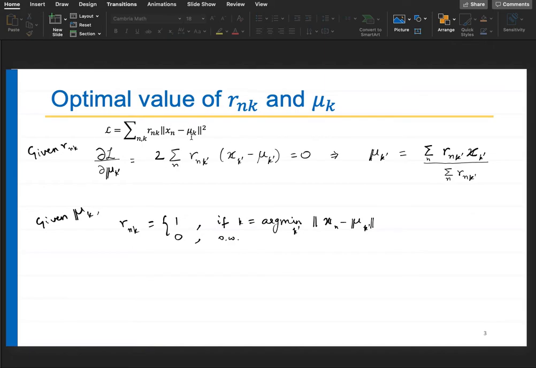If it is closer to mu2, then this will be smaller for mu2, so I will say Rn2 is 1. Basically, this n belongs to the second cluster, not the first one. In this way, I will find all my R and K.